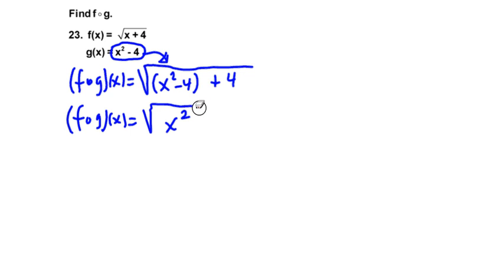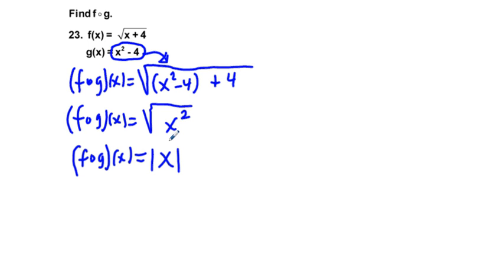And square root of x squared is x. And since you can't have this x squared ever be negative, we're going to have to take the absolute value, because we can't take the square root of a negative number.